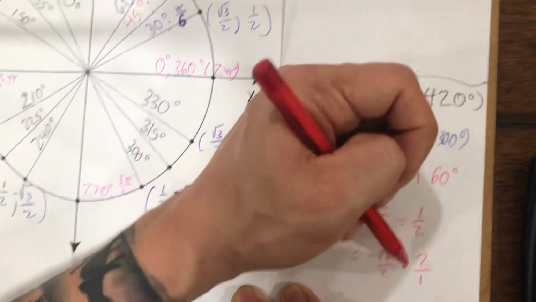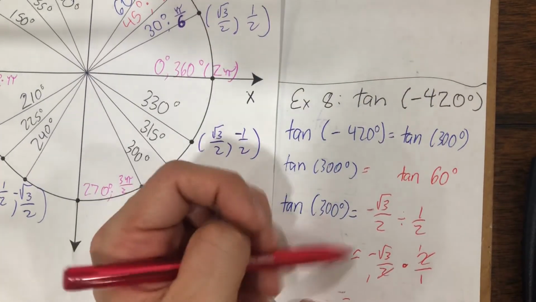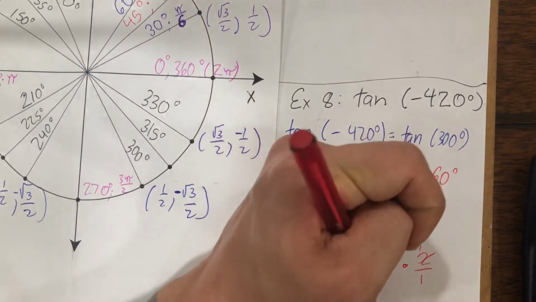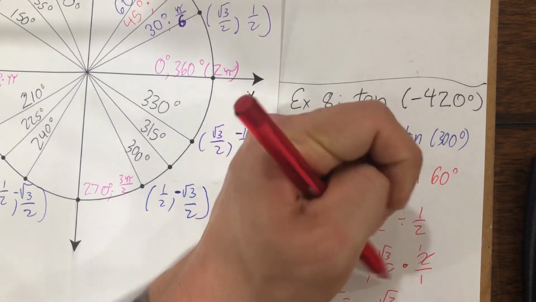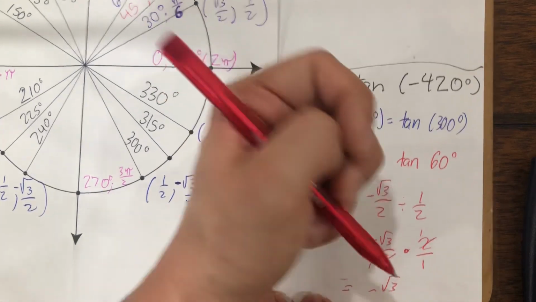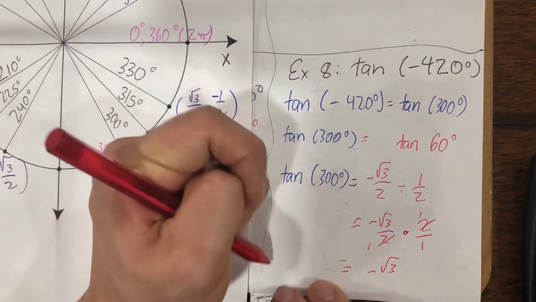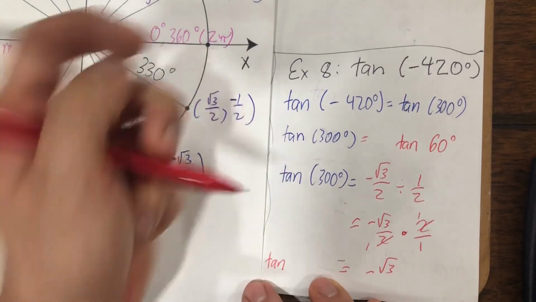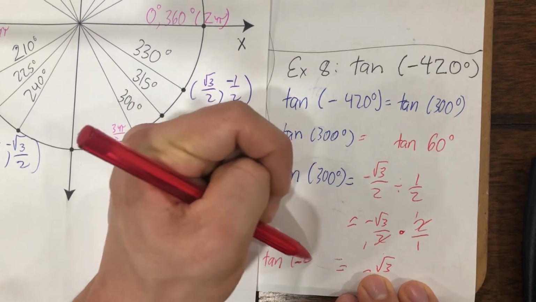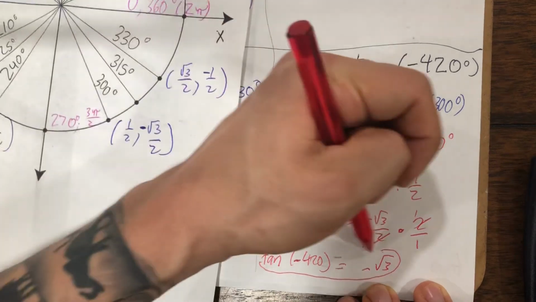Cross simplify. They both become a 1. Multiply the numbers straight through. So I have negative root 3 times 1. I get negative root 3. And then 1 times 1, which is 1. And any number over 1 is the number itself. So tan of 300, or in this case, tan of negative 420, is negative root 3.